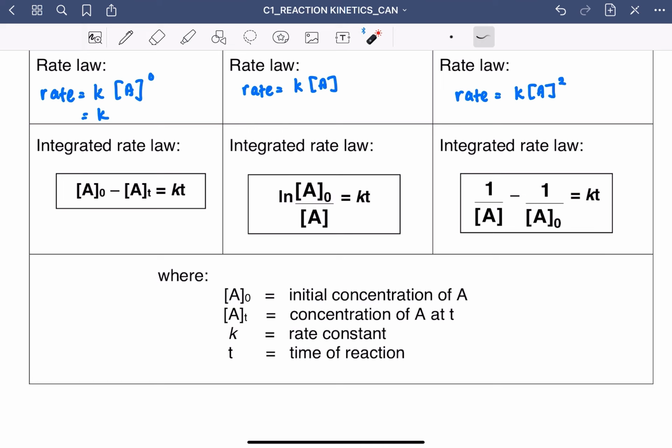We can get the concentration at a certain time. That is the difference between the differential rate equation and the integrated rate law. For integrated rate law, we can get the concentration after a certain time, after the process. So you have to memorize these three formulas.